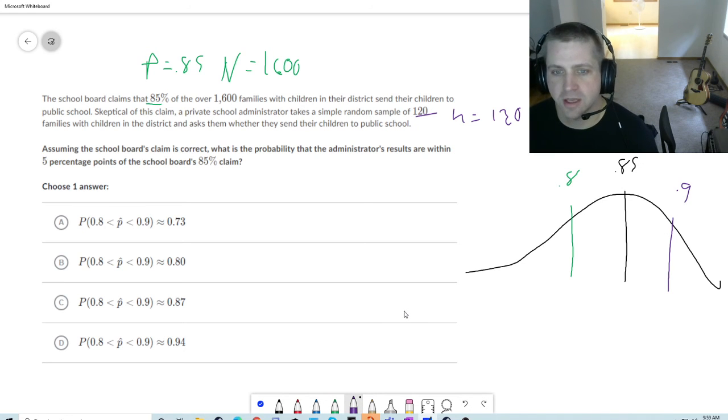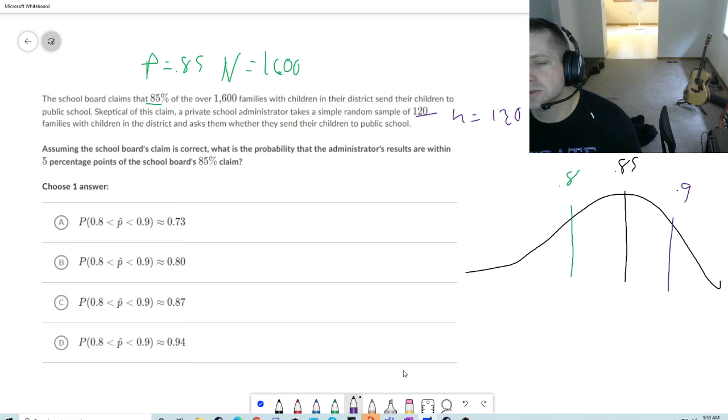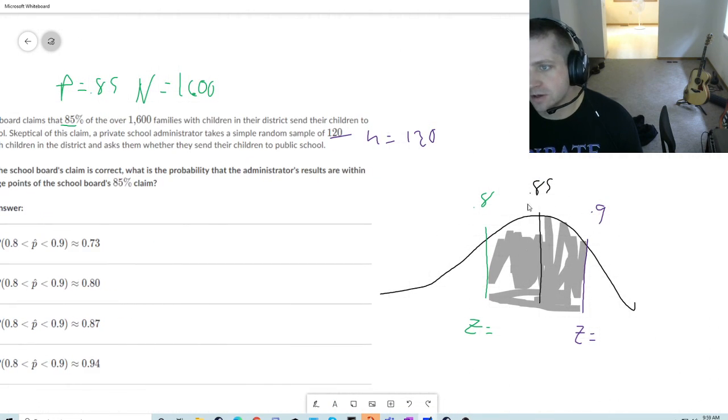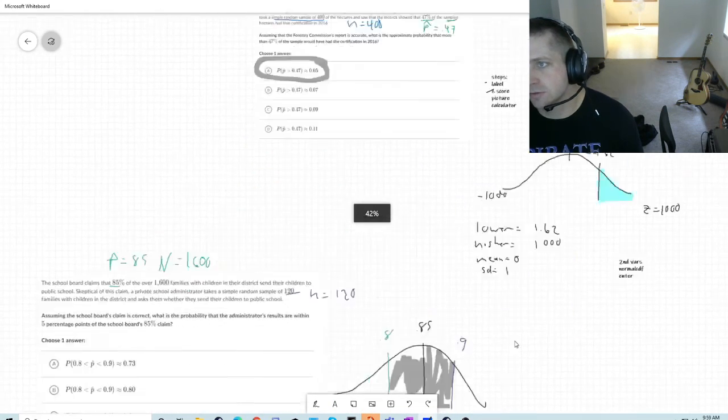I went over this in class as well. To do this, the shaded area you're looking for, instead of going off into one of the tails, is between those two values. So in this case, you would need to find a z-score for both, meaning you would have to use the formula for, well, at least one. Sometimes, if they're not symmetrical, you have to use the formula for both.